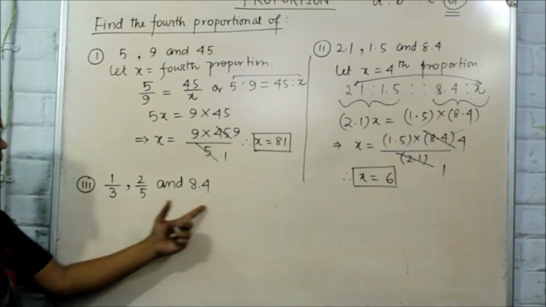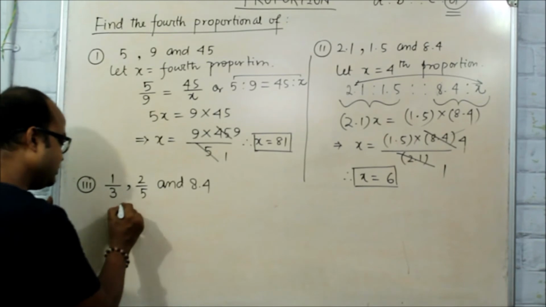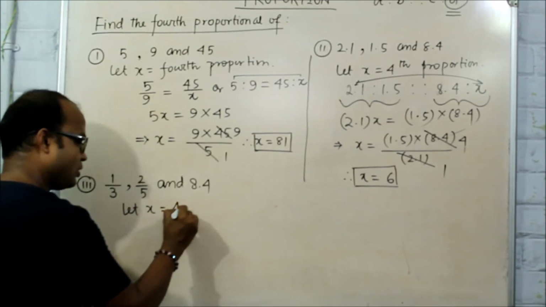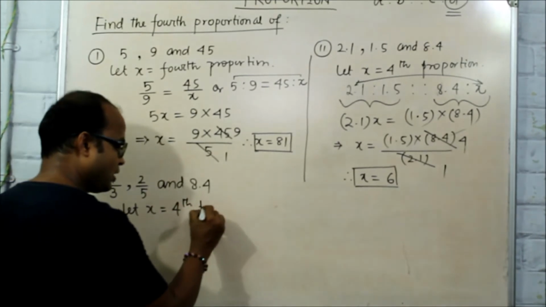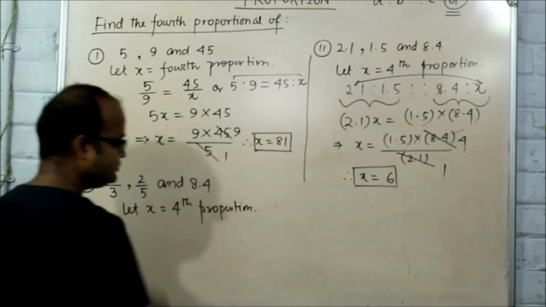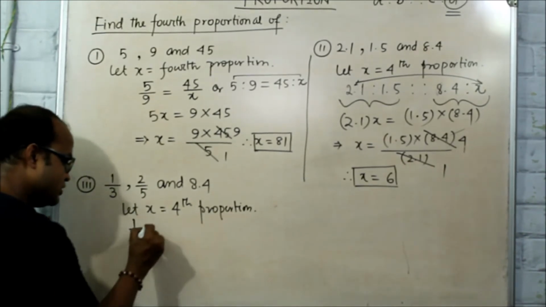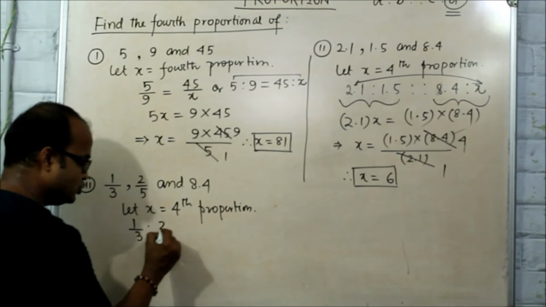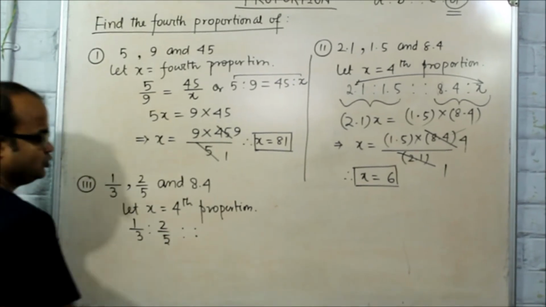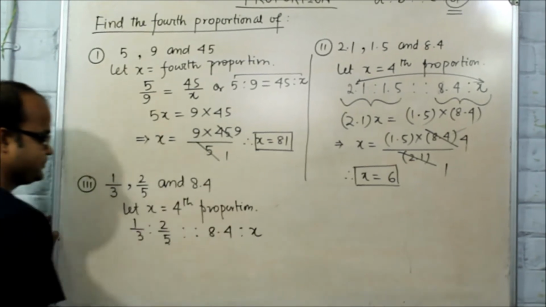Now take this sum. Let's solve this problem. Same way we are going to solve. Let x is equal to fourth proportion. So what you can say that ratio of 1 by 3 is to 2 by 5 is proportion to 8.4 is to x.